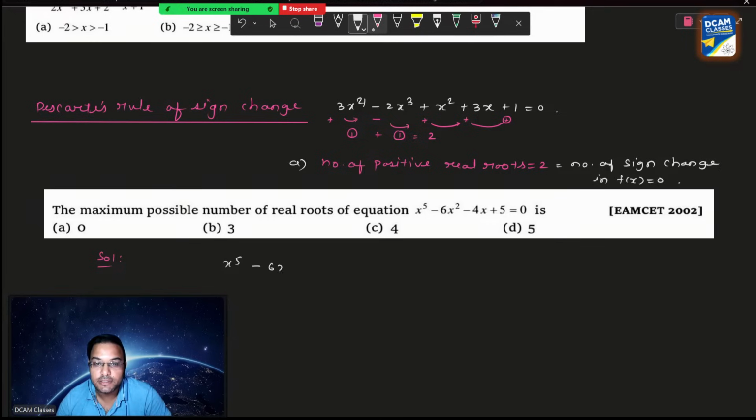Again, minus 6x square is there, minus 4x plus 5 is equal to 0. If terms are not there, don't worry about them. They are not counted in the changing of sign. If you do not count them, this sign is positive, this is negative, this is negative, this is positive. One sign change, no sign change, so we'll not count it. Again one sign change, 1 plus 1 is equal to 2. Two positive roots.